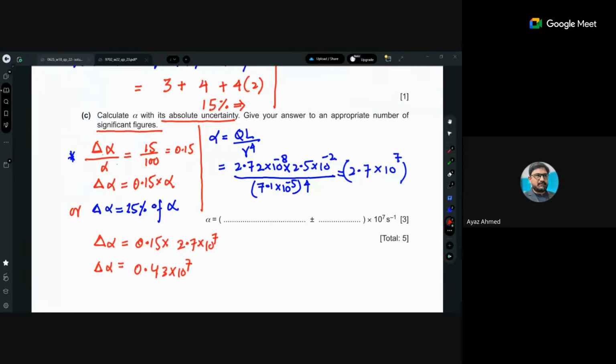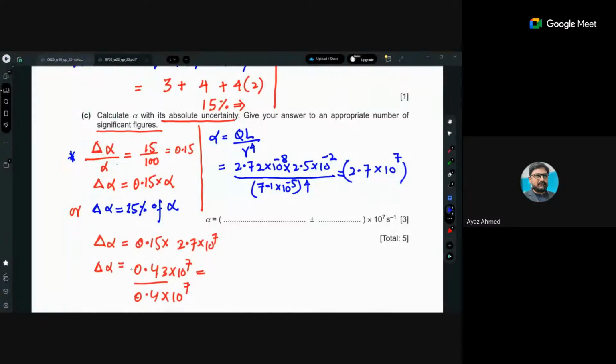Now I would use this to one significant figure. One significant figure means I have to use only 0.4 into 10 raised power 7 over here. So no need to write directly in this way.